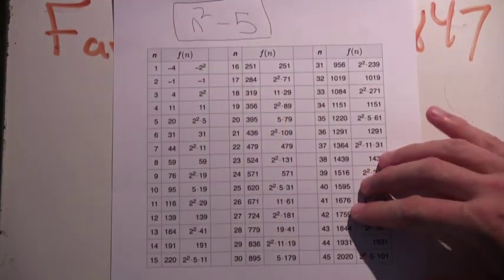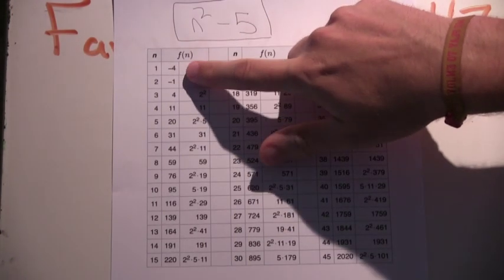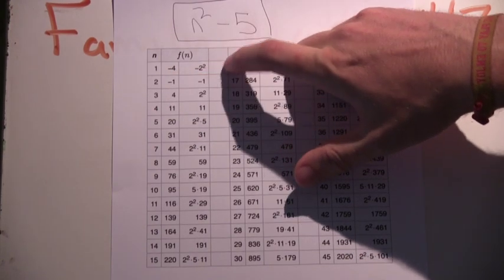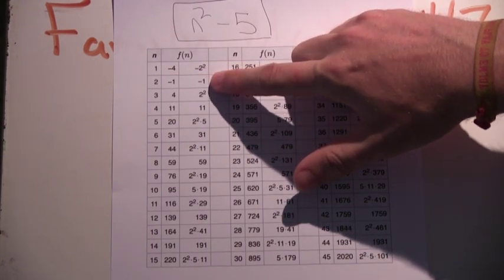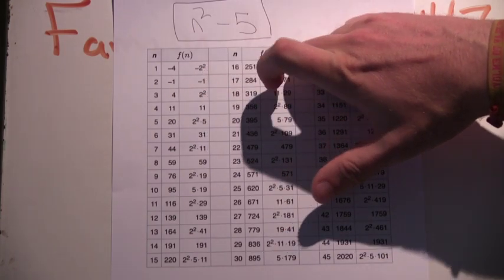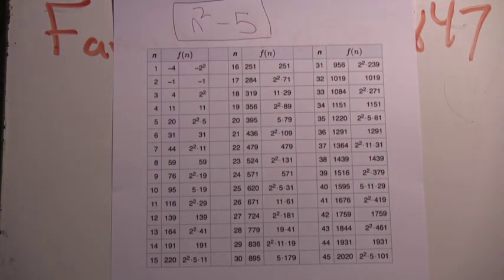And I got this off of Wikipedia. Okay, so if n is 1, 1 squared minus 5 is minus 4. If n is 2, 2 squared minus 5 is minus 1. So we're not going to worry too much about those two. But then 3 squared minus 5 is? That is 4. Okay, and what is 4 squared minus 5? That's 11.